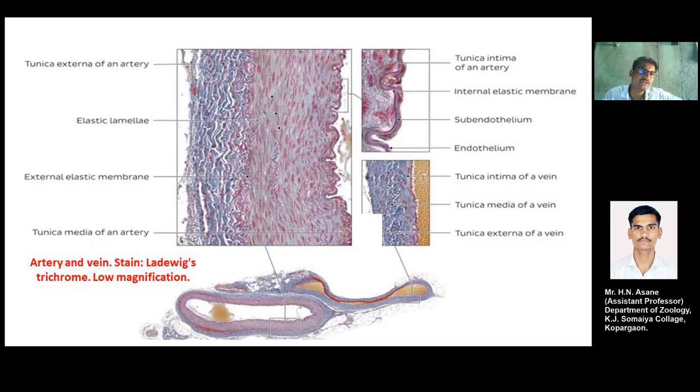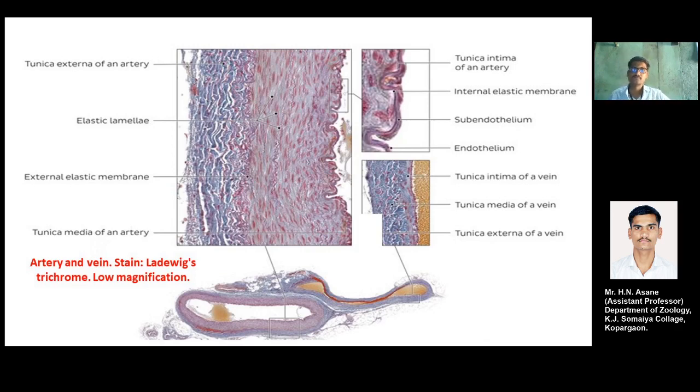And then you will see the external elastic membrane, situated between the tunica media and the start of the tunica externa layer. This external elastic coating between these two layers provides extra stability and flexibility.